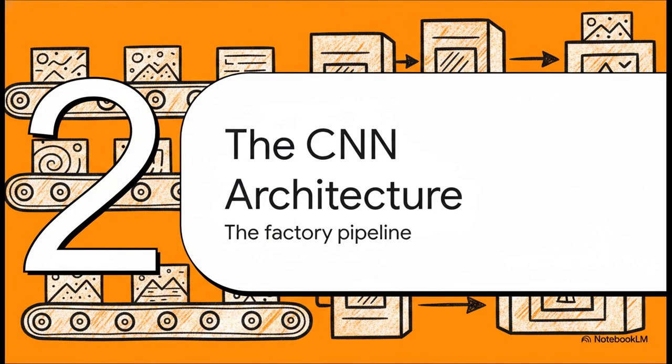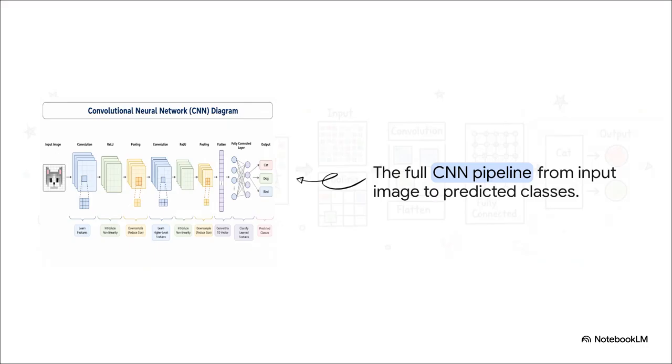Moving on to section 2, the CNN architecture. Think of this as the factory pipeline for an image. This right here perfectly illustrates our complete roadmap. On the far left, we input our cat image, and boom, it immediately hits a convolution layer to learn some basic features. Then it passes through an activation function like ReLU to introduce non-linearity.